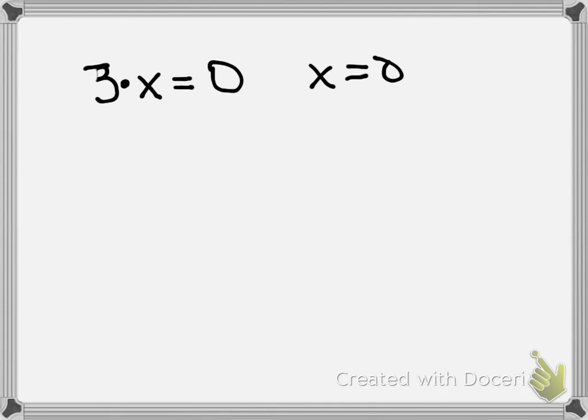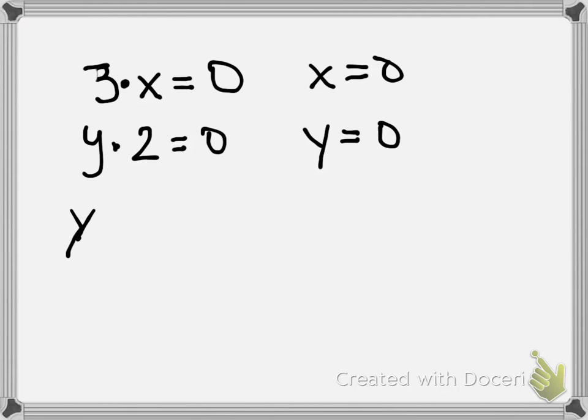Alright, well, what if you had y times 2 equals 0? Well, then you know that y has to be 0, right? Okay, well, what if you have y times x equals 0?